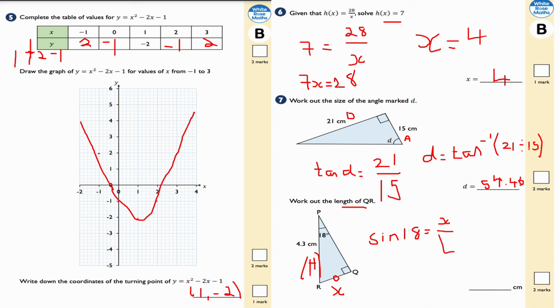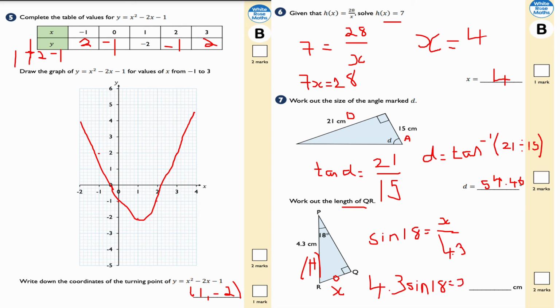Timesing both sides by 4.3, then I get 4.3 sine of 18, which gives you what x is, which is the length QR.